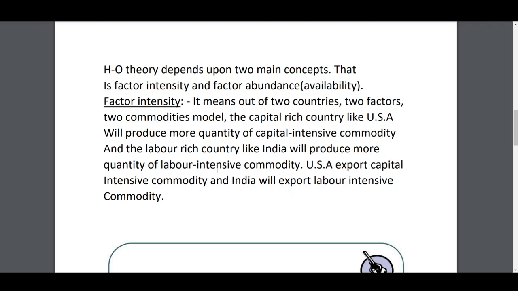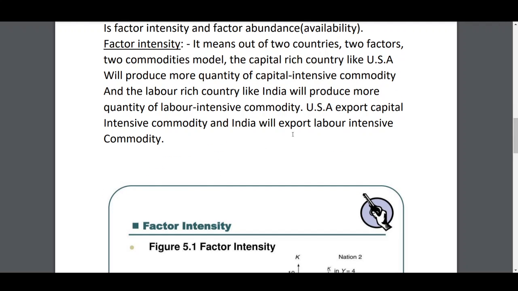Why? Because in India the population is more. So India will be using labor intensive methods to produce the labor intensive commodity. And after this production, USA exports capital intensive commodity and India will export labor intensive commodity.